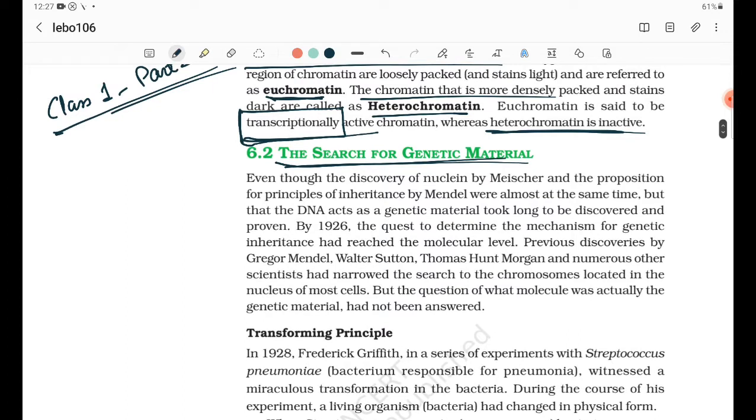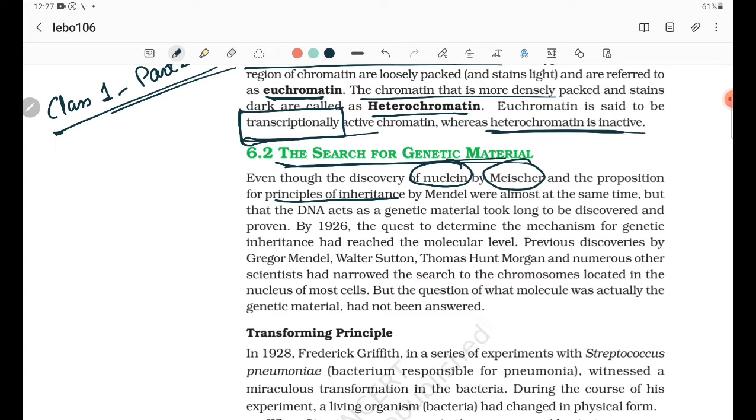Even though the discovery, I have told that nuclein was discovered by Miescher, it took very long to understand the structure of DNA. I have already discussed this. Now, Mendel, almost at the same time, had given the principles of inheritance.